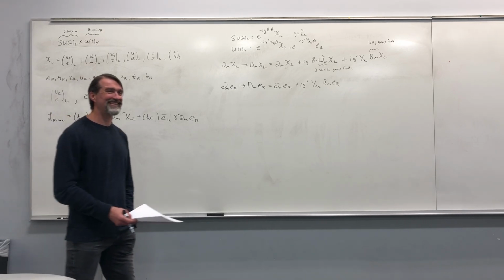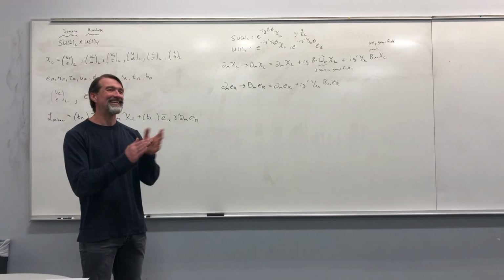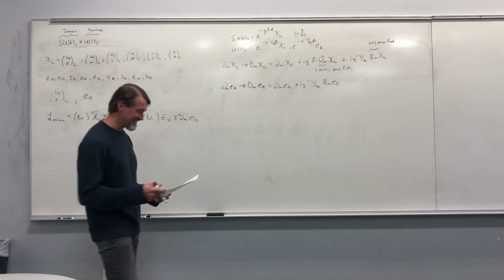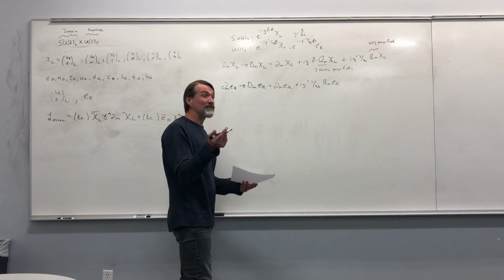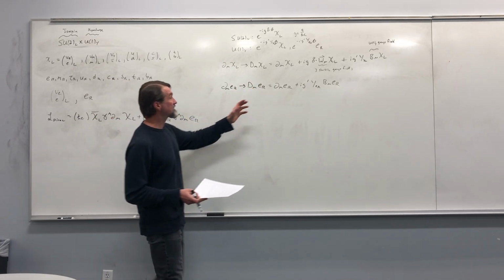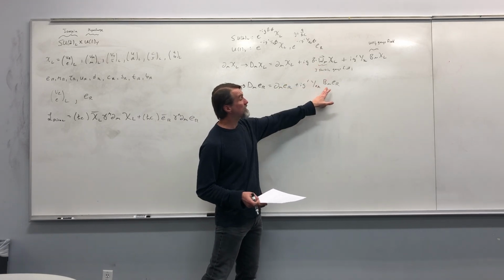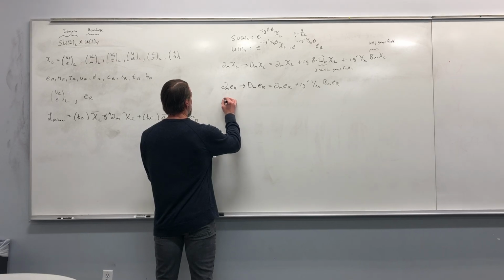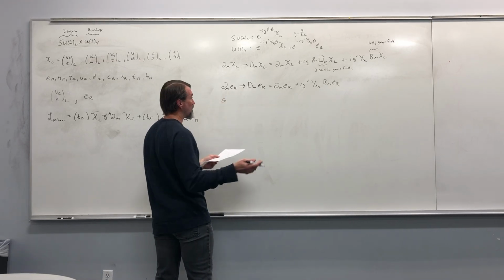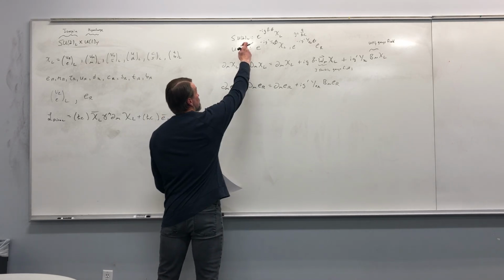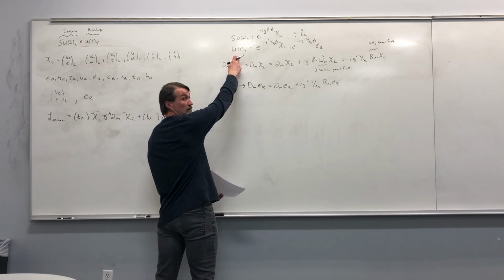That was a perfect answer. Give the man a hand. Someone's paying attention. All right, yeah, we have to plug these in, and then demanding that it be invariant is going to tell us how the W's and the B's transform. Okay? As you may or may not remember, this is very similar to what we've already done with QCD, which has a non-abelian group like this one, and then an abelian group.